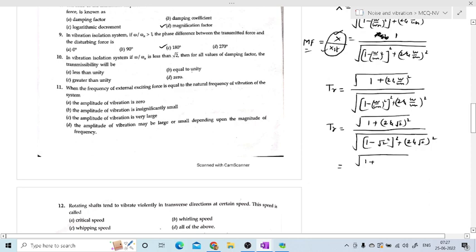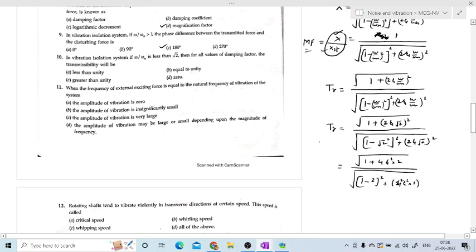So 1 plus, this will be 2 squared, that is 4, zeta square into root 2 squared is 2, divided by 1 minus root 2 squared is 2, then bracket square plus 2 squared, that is 4, zeta square into 2.